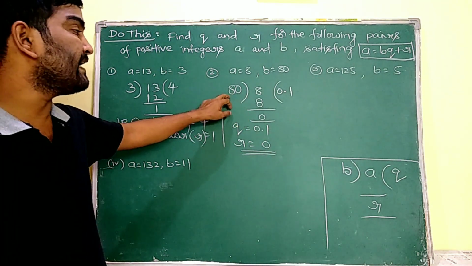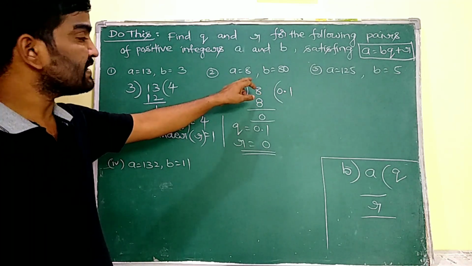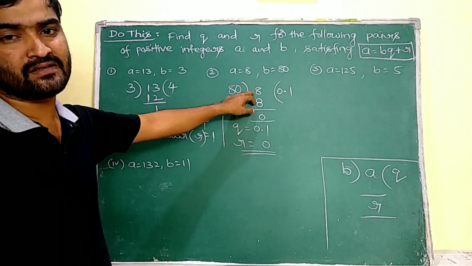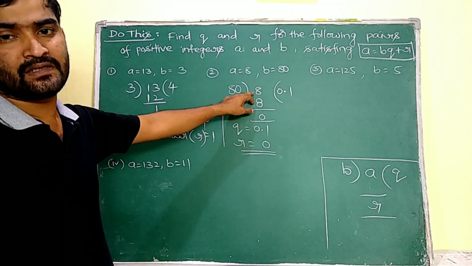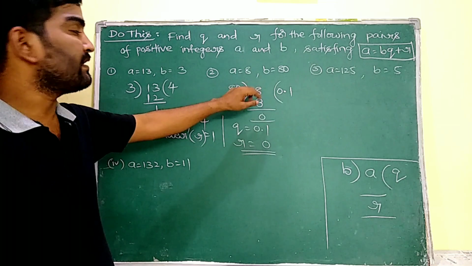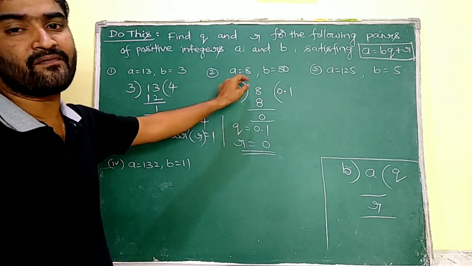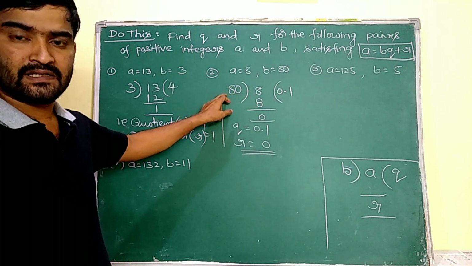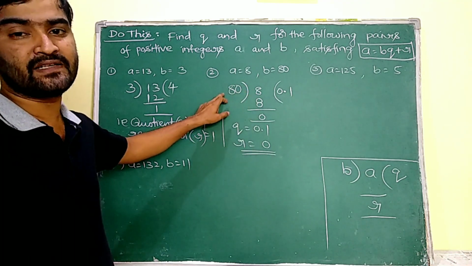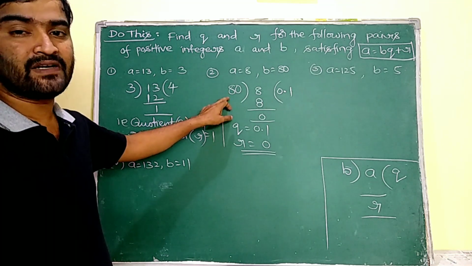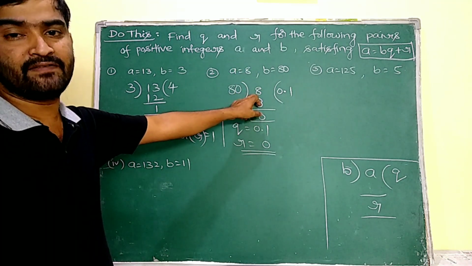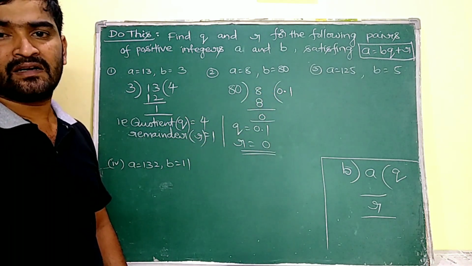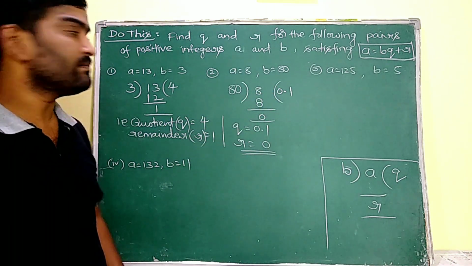So this 80 is a factor of 8, but it is a small special specification here, because 80 is not the factor of 8. If the dividend is smaller than the divisor, then this divisor is not the factor of the dividend. Only the quotient is the factor of the dividend. Understand?